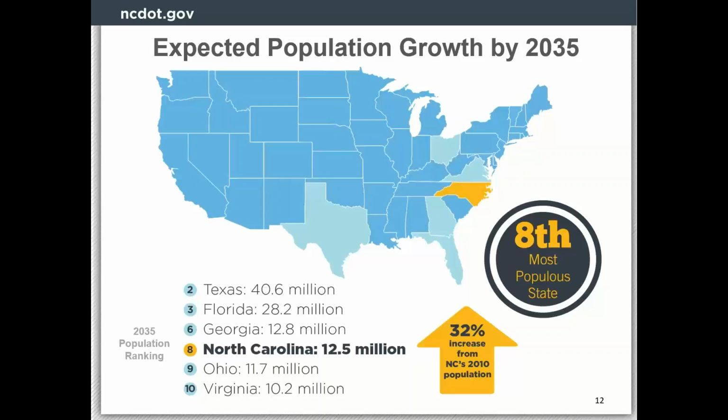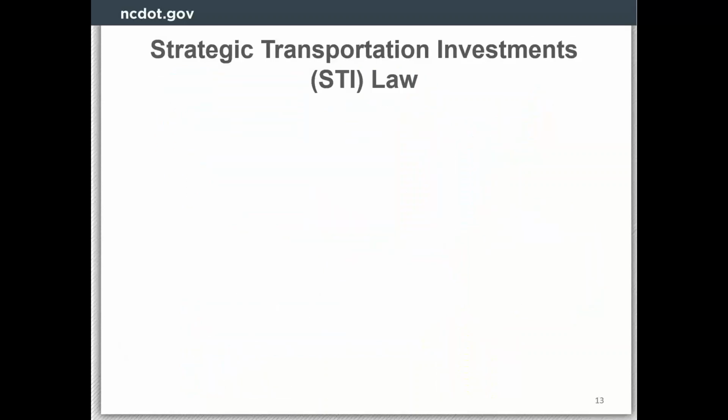So it's a big jump, and it's good that we're a growing state. It's great for our economy and a lot of other things. What we find, though, is that about 85 to 90% of that growth is occurring in our urbanized areas. So North Carolina as a whole is still a very rural state, and we actually have counties that are decreasing in population, but a lot of that growth is coming into our urban areas and creating urban sprawl and even more congestion in places that are already experiencing congestion.